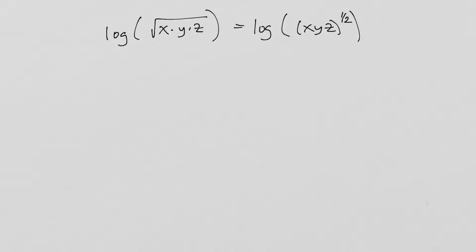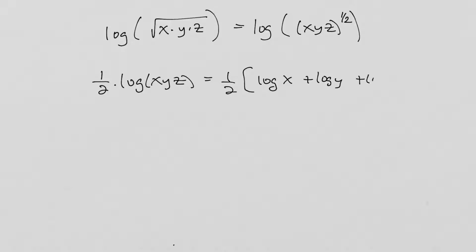So the first thing I can do is I can pull that 1/2 down, and then this becomes the log of x times y times z, which I can then break that apart as the log of x plus the log of y plus the log of z. So we've got these three things there. Don't forget to distribute that 1/2 through all of them.